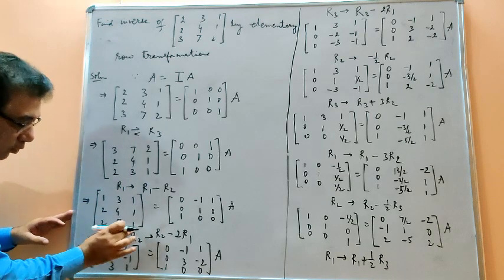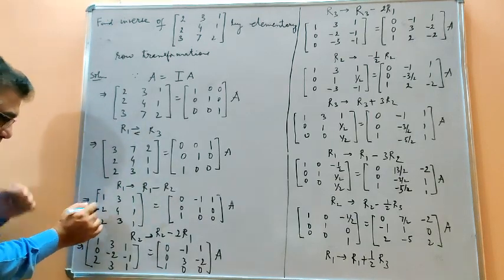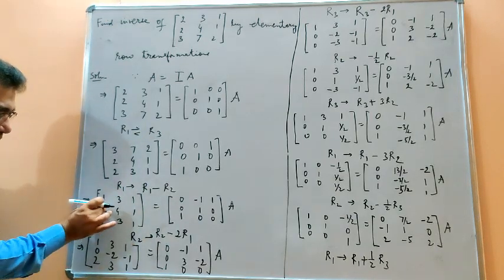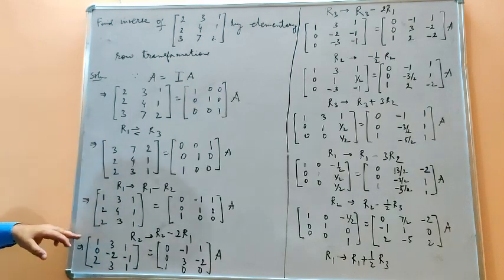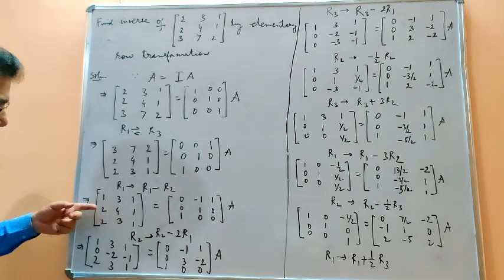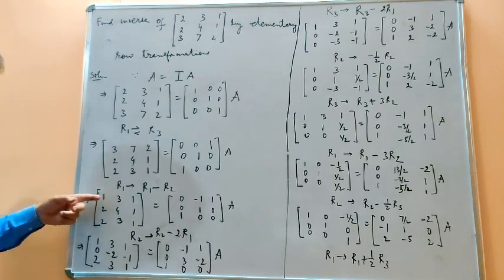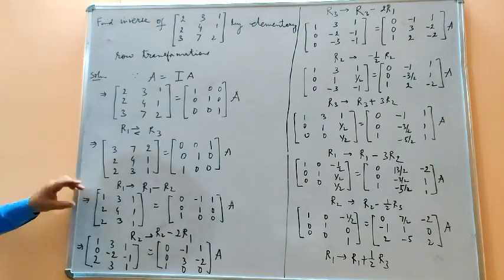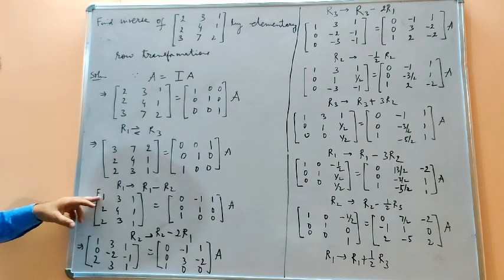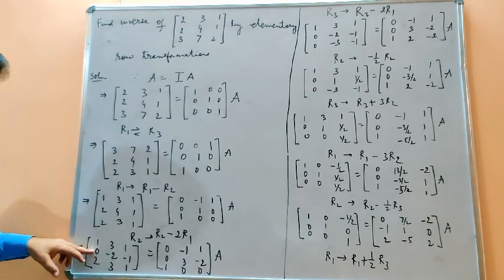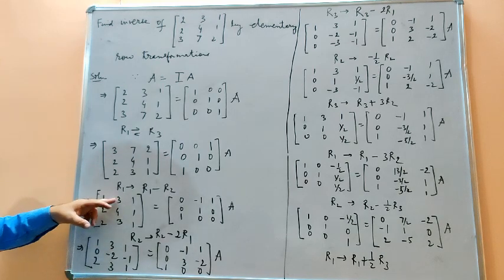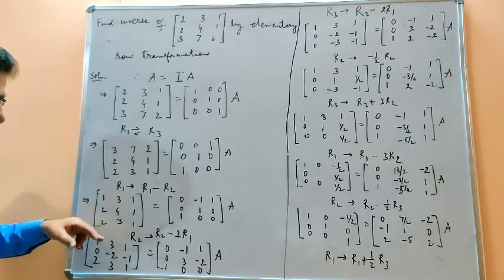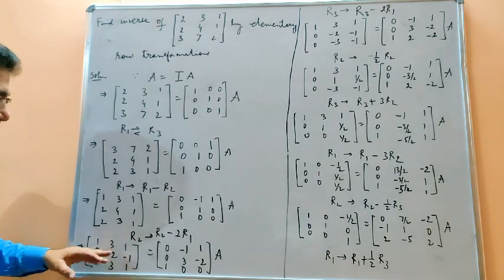Okay. Now next, according to the algorithm, these two elements have to be 0 now. So it's very simple. From R2 we are going to subtract 2 times R1, because we have to use this value, which is 1. So 2 times 1 is 2, that has given us 0 here, and similarly other elements have been changed: 2 times 3 is 6, and 4 minus 6 has given you minus 2, similarly minus 1 here.